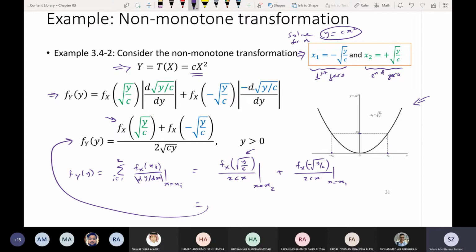And we have the second term, which is fx of minus square root of y divided by c, divided by 2c times x2, which is minus square root of y divided by c. Now adding them up, we will get basically this result.